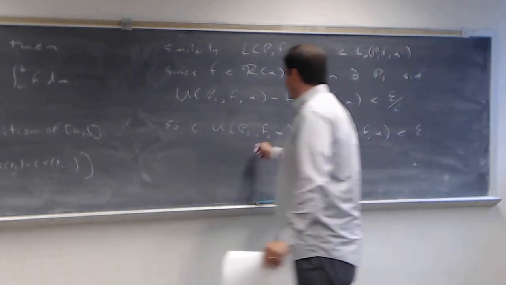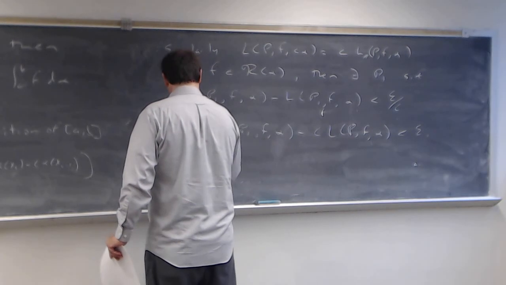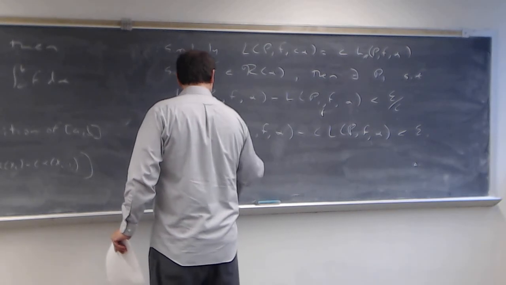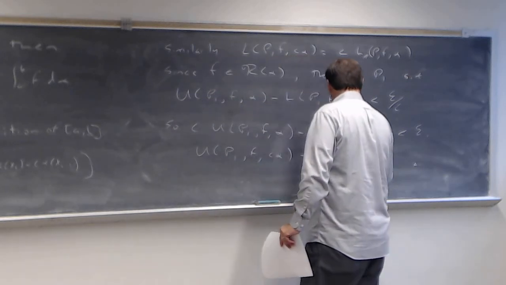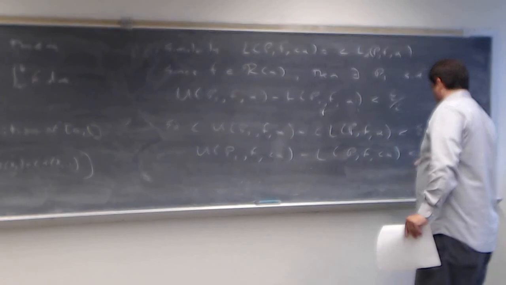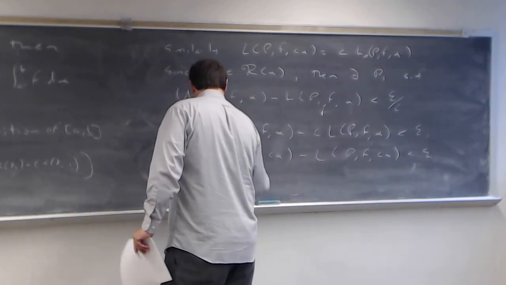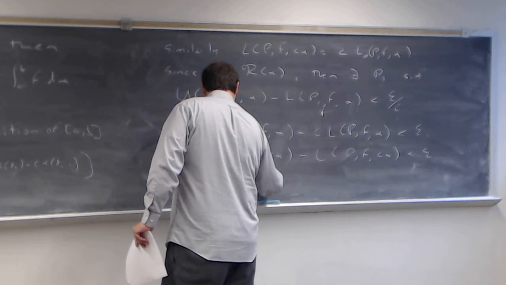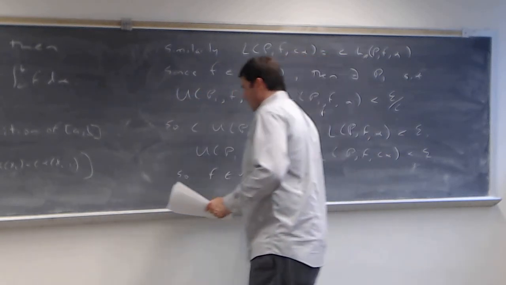And so, replacing these items by what they're equal to in terms of C alpha, we have the upper sum, P sub 1, F, C alpha, minus the lower sum, P sub 1, F, C alpha, it's going to be less than epsilon. And that, of course, tells us that F is Riemann-Stieltjes integrable with respect to C alpha. It's great. Not quite finished with the theorem.